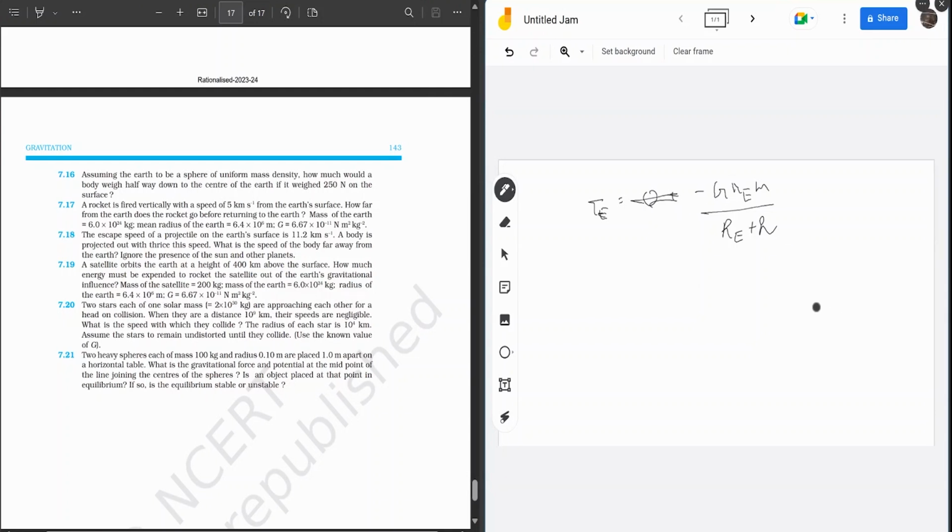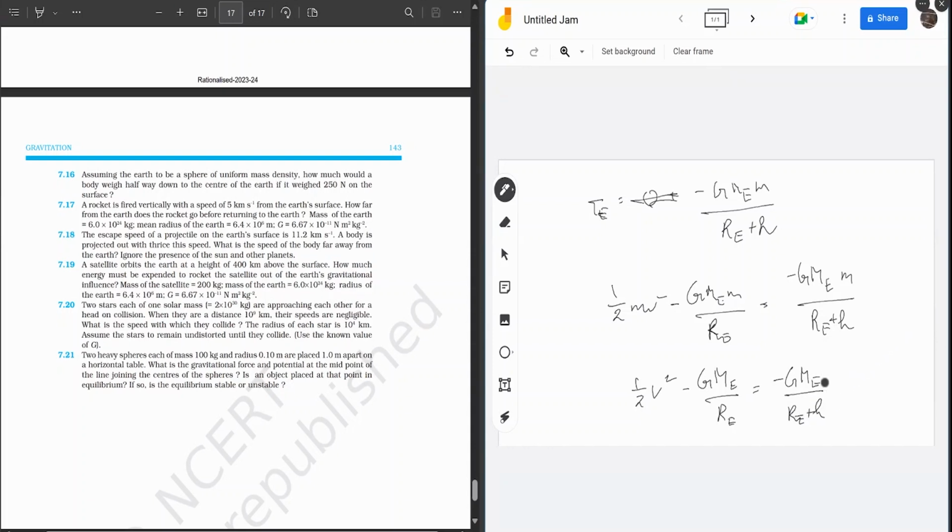According to the law of conservation of energy, the two are equal. So half m v squared minus G Me m divided by Re is equal to minus G Me m divided by (Re plus h). So half v squared minus G Me by Re is equal to minus G Me divided by (Re plus h).